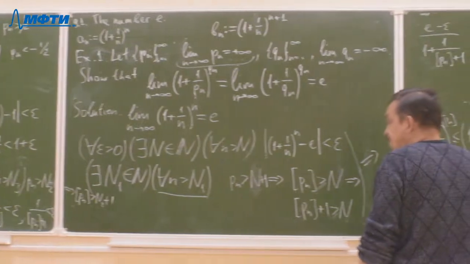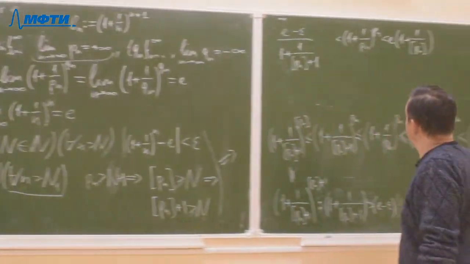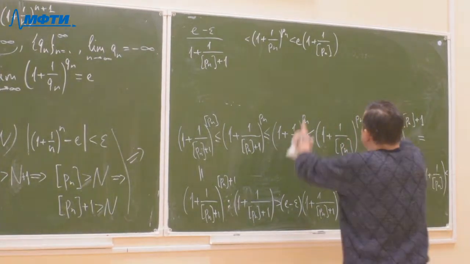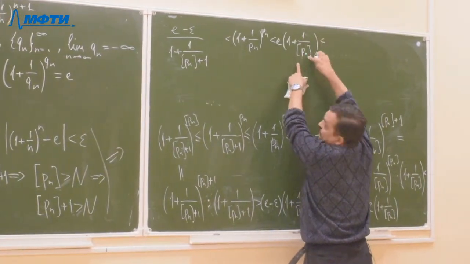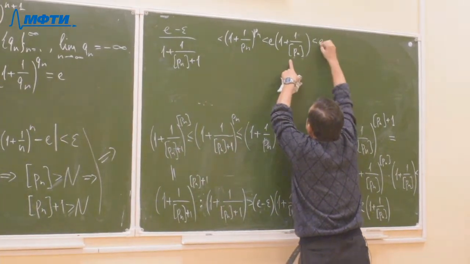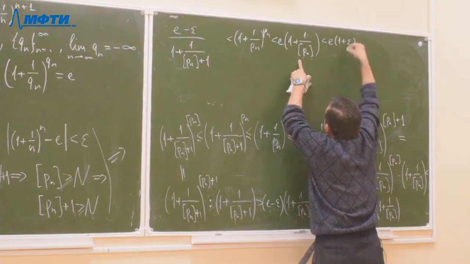So, then I can continue our estimates. Here, look, 1 over integer part of Pn is less than epsilon, so we have e times 1 plus epsilon.